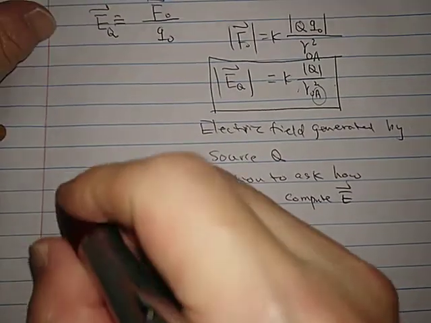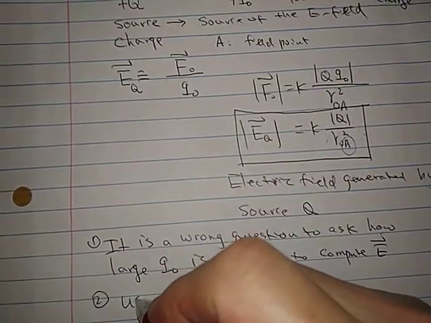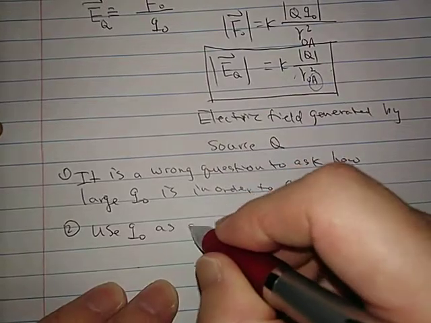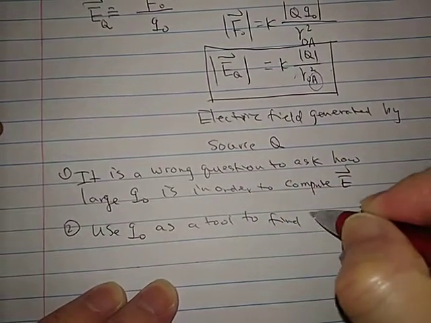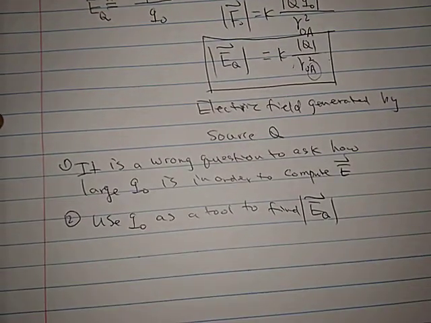So what's the essence? The essence was that we use Q0 as a tool to find E_Q. That's it. We just use a tool. Once we finish using it, we just get rid of this Q0. So nothing in the equation now.